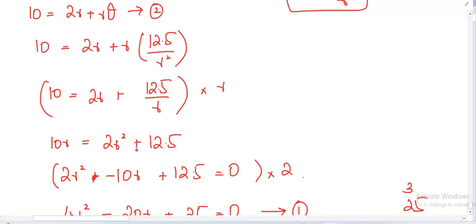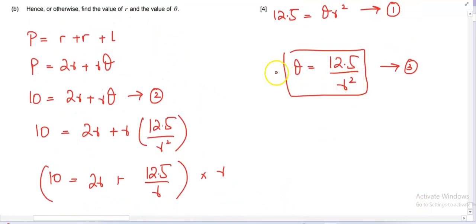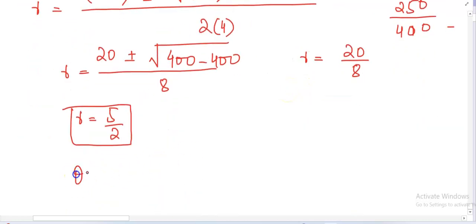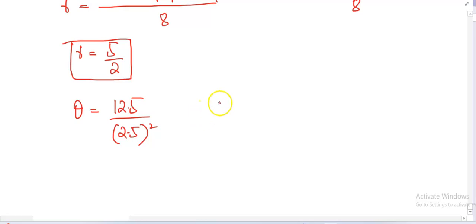Now based on this r value, can I find the value of theta? Yes, I can. I'll substitute the value of r here, and theta equals 12.5 divided by r squared, which in this case is 2.5 squared. Because again I do not have a calculator, I'll write 12.5 as 25 over 2 and 2.5 as 5 divided by 2, squared.